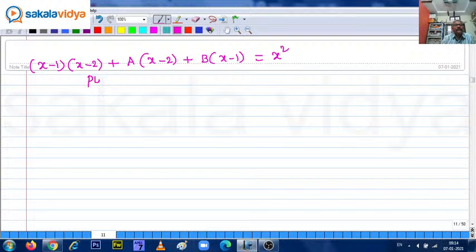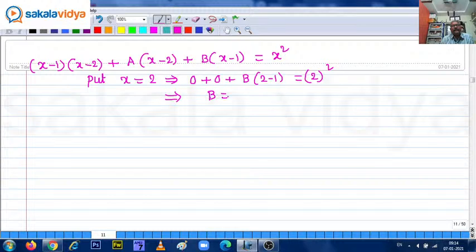That means put x is equal to 2. So x minus 1 into x minus 2 becomes 0. 0 into something is 0, plus a into 0 is 0, plus b times 2 minus 1 equals to 2 square. So now what do we get? This is b equals to 4.